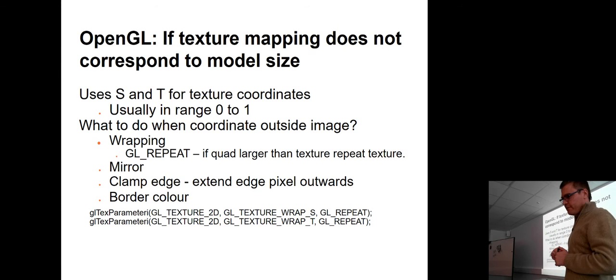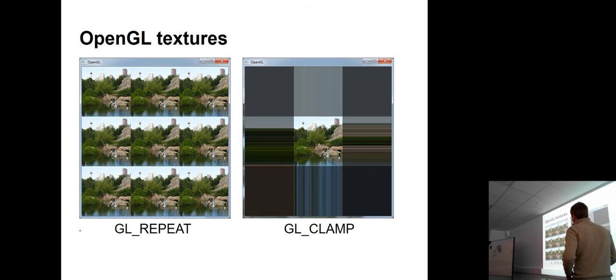OpenGL allows a set of parameters to control that. So the idea is, if I have an image, but my actual window is considerably larger, and I don't want to stretch the image, but I have the u and v coordinates fixed to particular coordinates in two-dimensional space here, what happens if the window is basically larger?